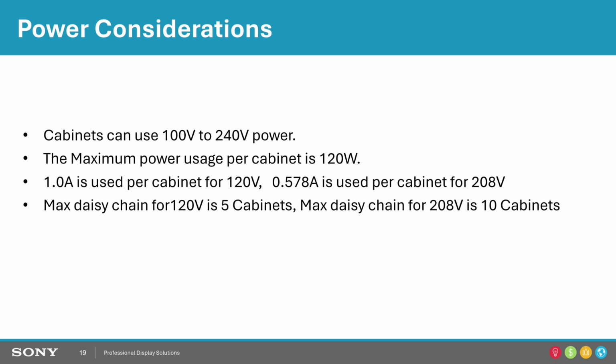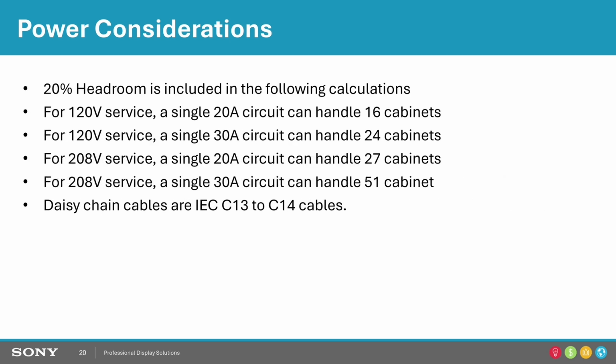So depending on your voltage source, you have 1 amp or a little over half an amp. The max daisy chains on the power side are 5 cabinets at 120 and 10 cabinets at 208. Just some basic information when putting together your power layout for the install.